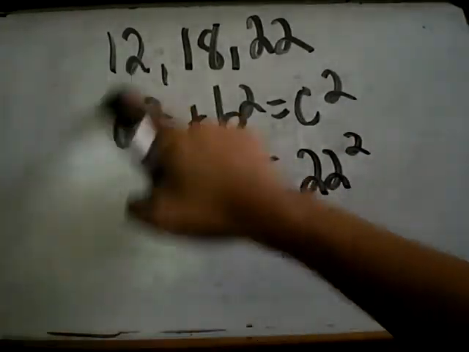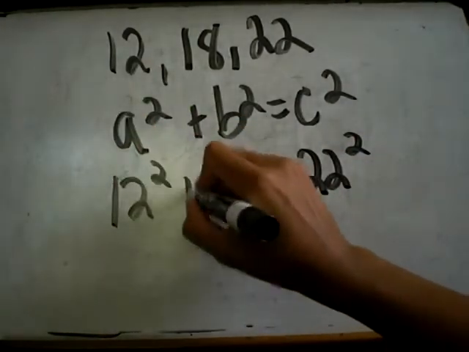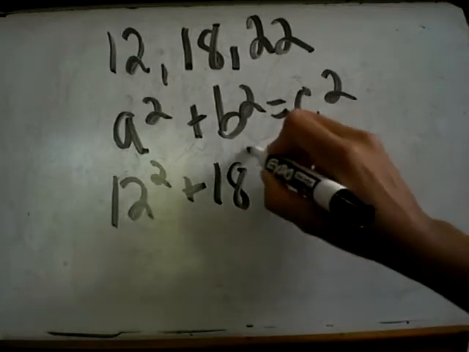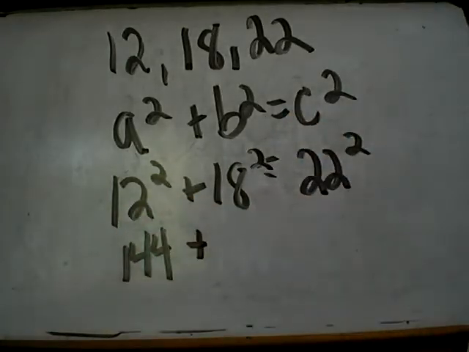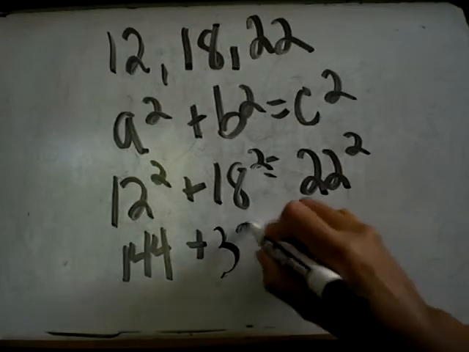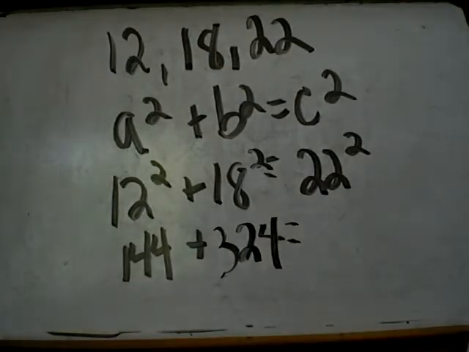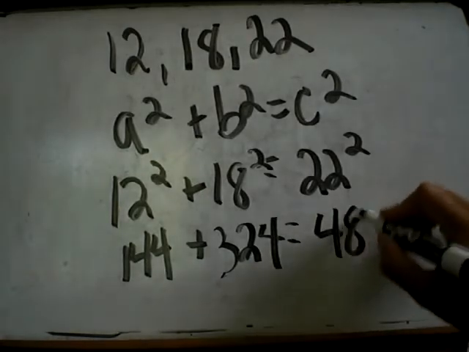And I'm going to plug 12 in for A and 18 in for B. 12 squared is 144. 18 squared, 18 times 18, is 324, and then 22 squared is 484.